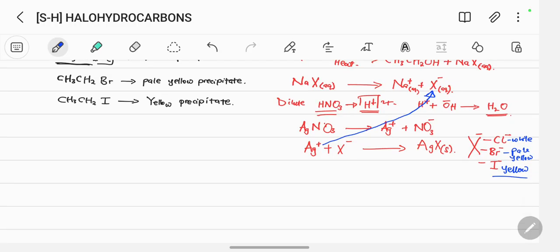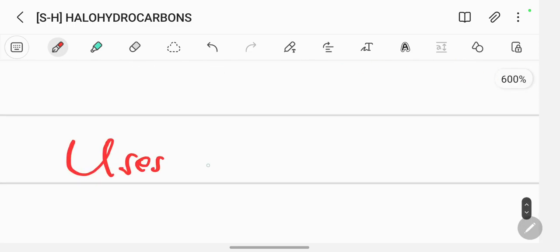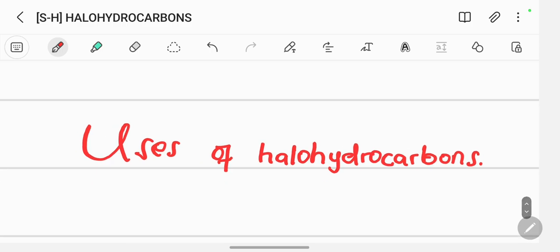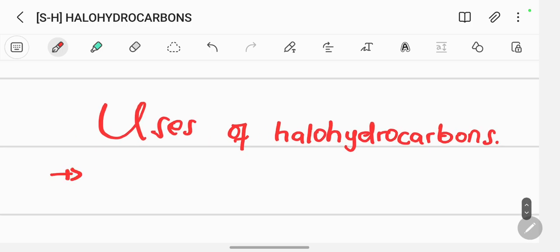So, uses of halohydrocarbons. One of the uses is that chlorobenzene is used in manufacture of phenol and DDT.